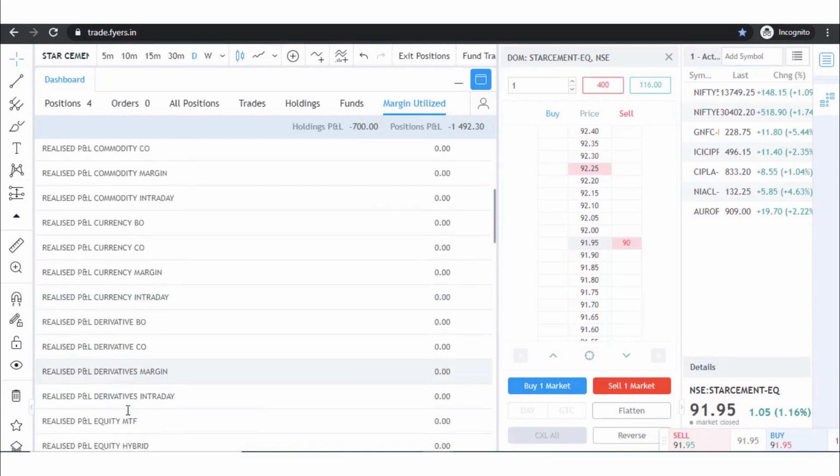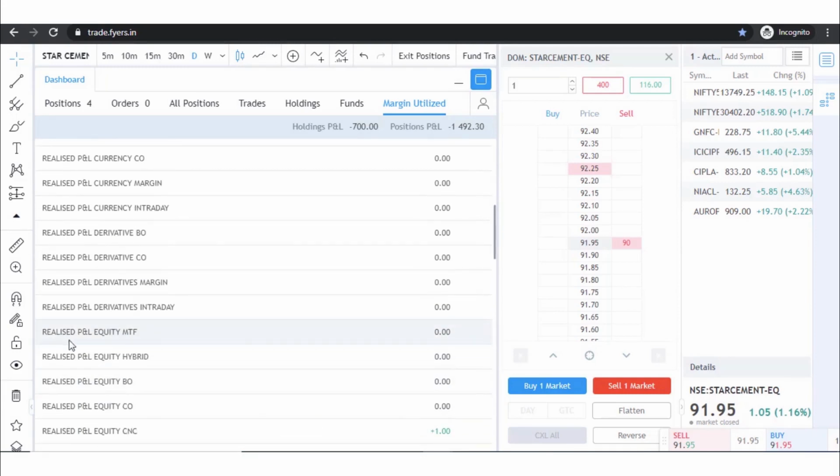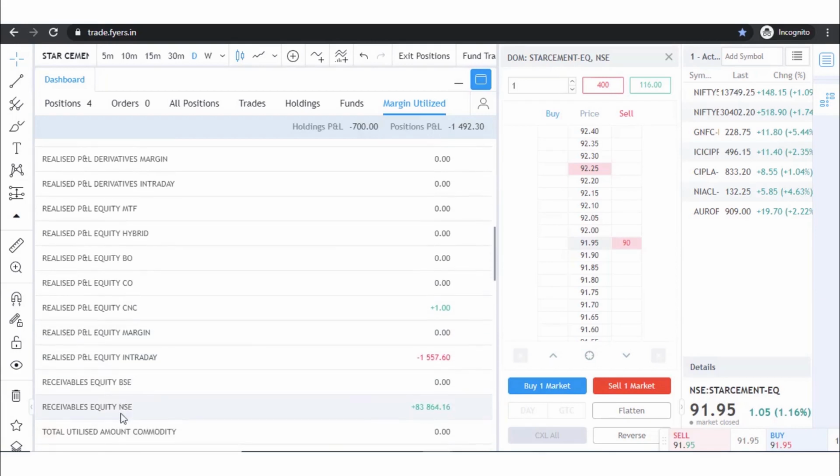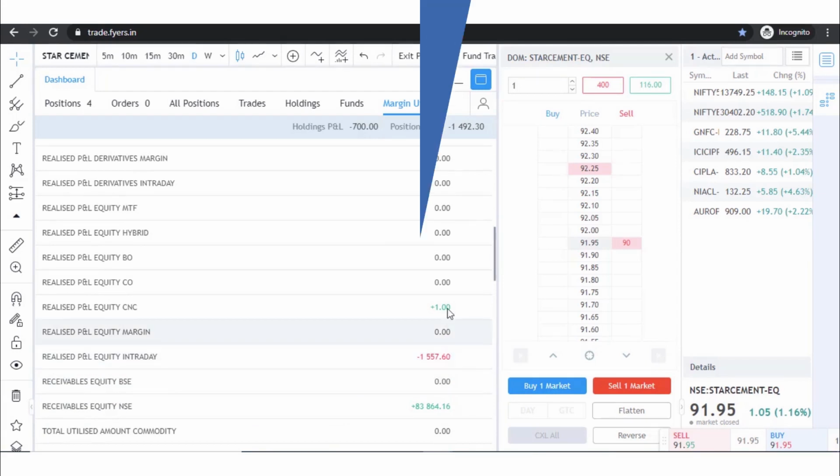However, we suggest you to take positions in the intraday segment with realized profits to avoid any penalties which might be imposed by the exchange for overnight trades using profits which are realized on the same day.